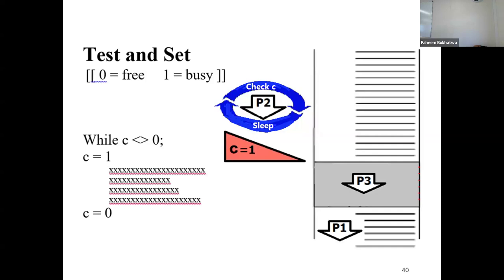So any issues or any problems with this system? Any advantages or disadvantages? Can you think of any? Starvation can happen. First problem is starvation. That means if this process number 2 is unlucky, next time it sleeps again, another process comes in and gets in before it.